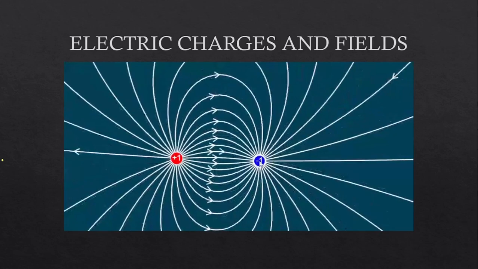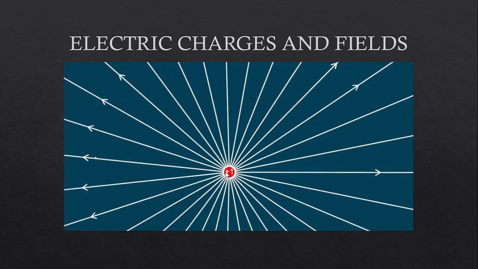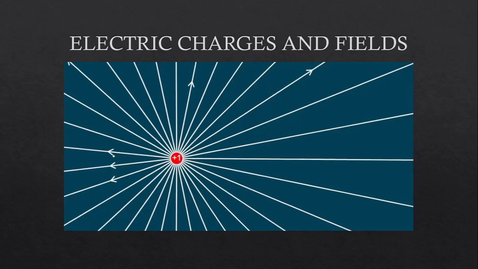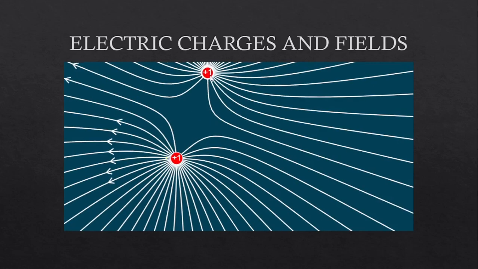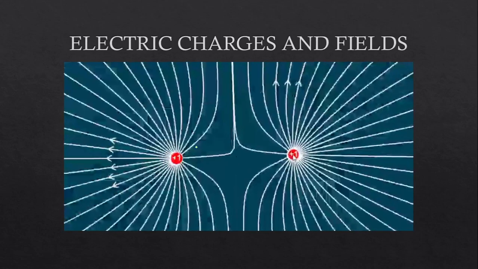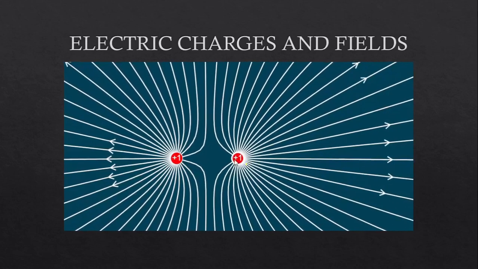If we keep a negative charge, you can see that the electric lines of force go from positive charge to negative charge. Here this is an isolated charge. The electric lines of force will always go from the positive charge, and will always be directed outwards. You can see in both the cases the arrow is outwards.